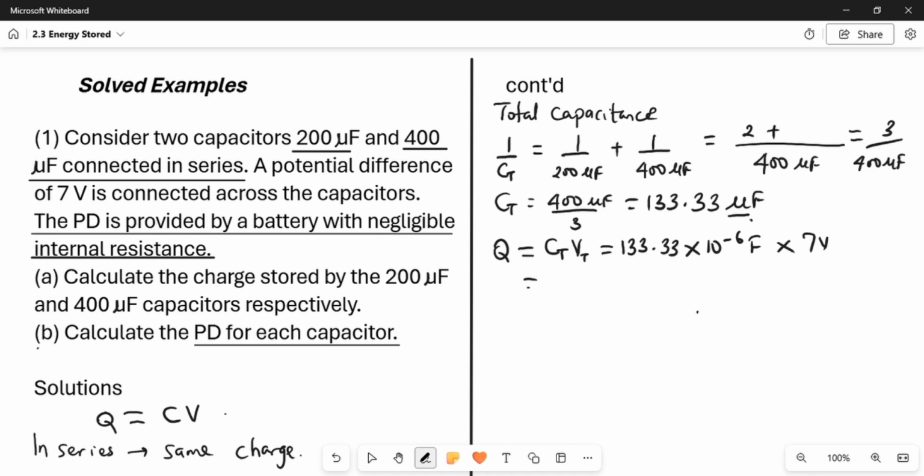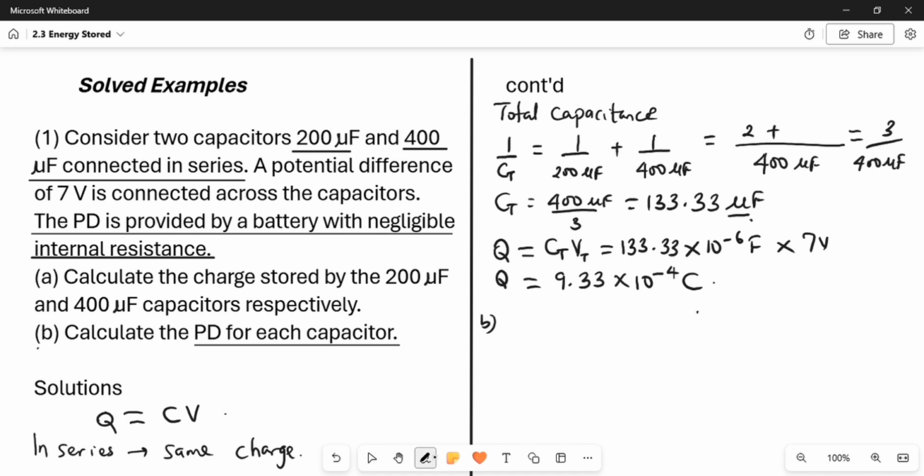This leaves us with 9.33 times 10 raised to the power minus 4 coulomb.